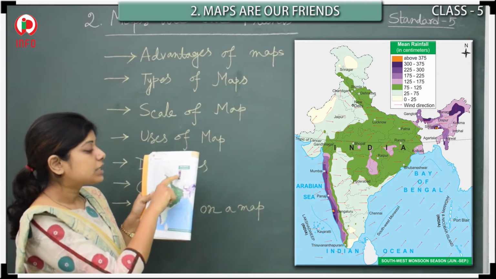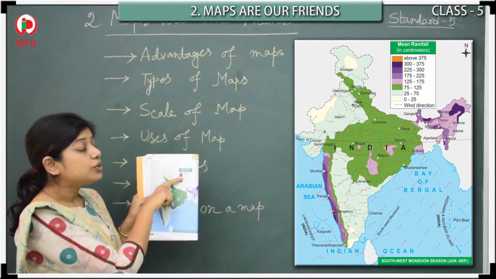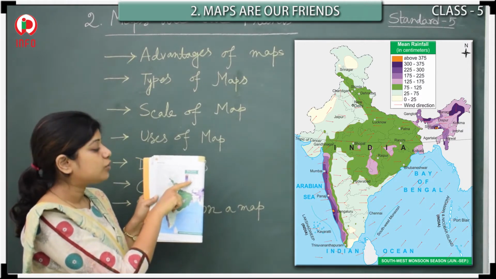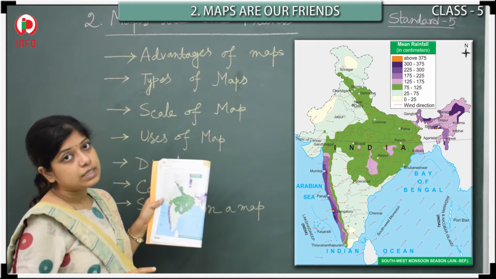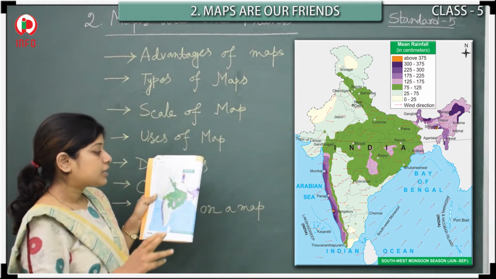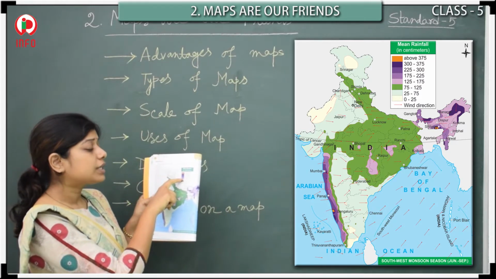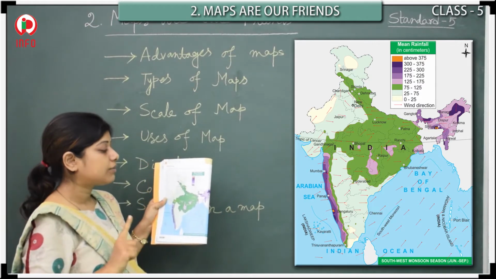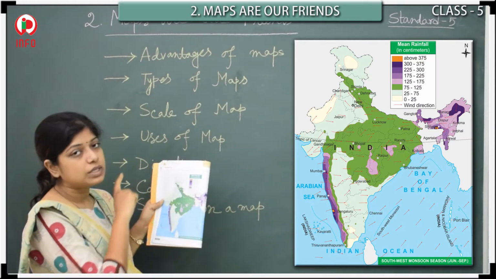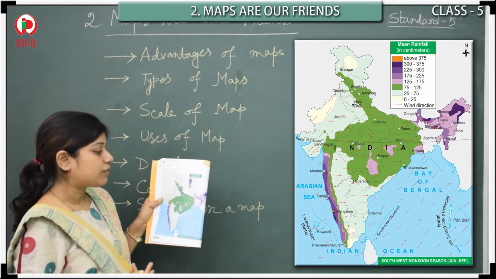Next, this color is representing 225 to 300 centimeters rainfall. Next, this color is representing 175 to 225 centimeters rainfall.